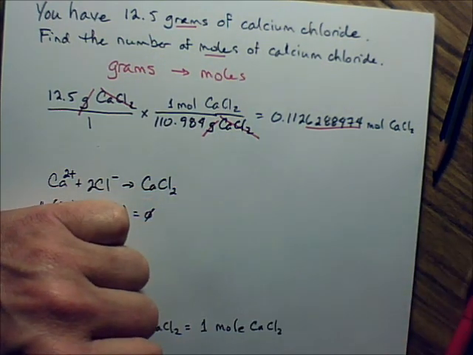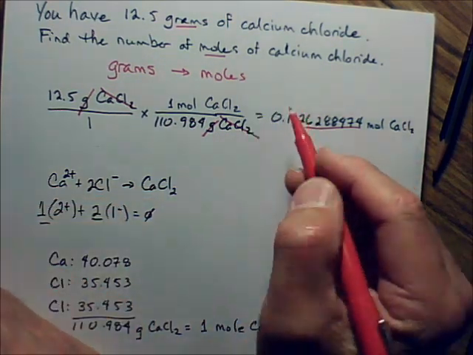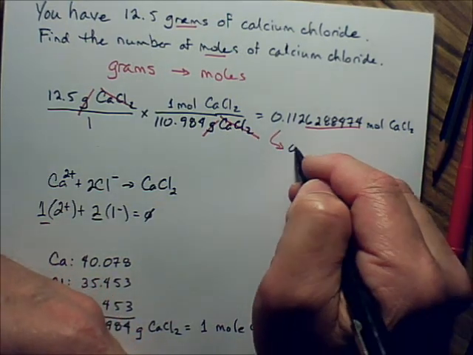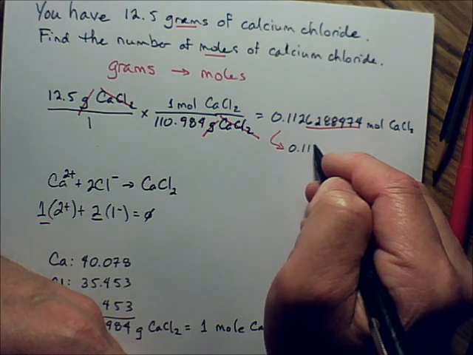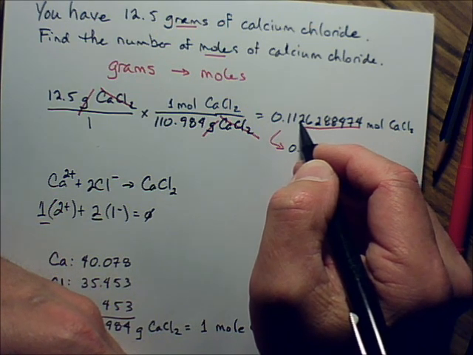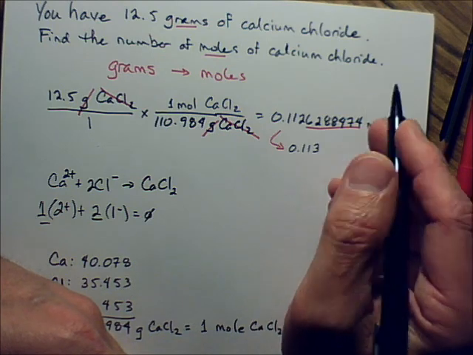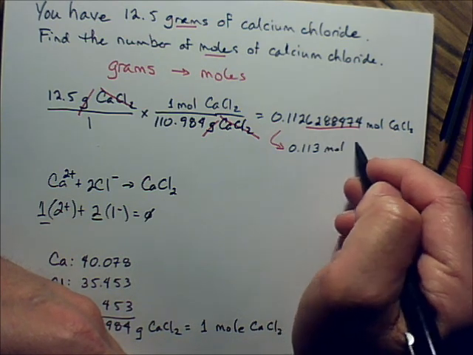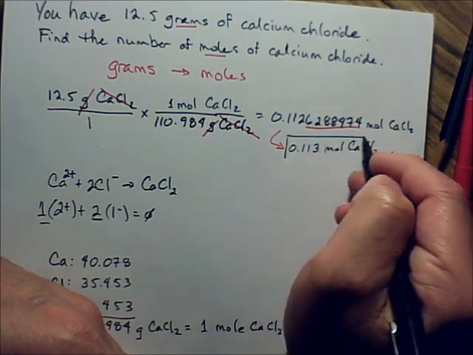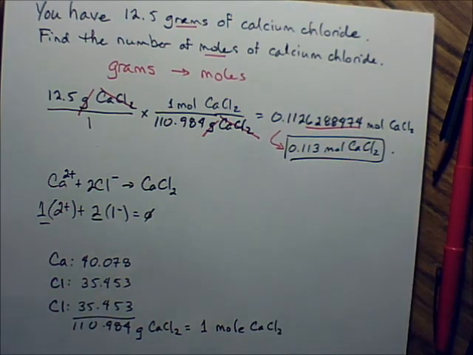But now I am ready to round off. And I get 0.113. Got a number that's 5 or above, so it's going to cause this number to be rounded up. Moles of calcium chloride. Okay?